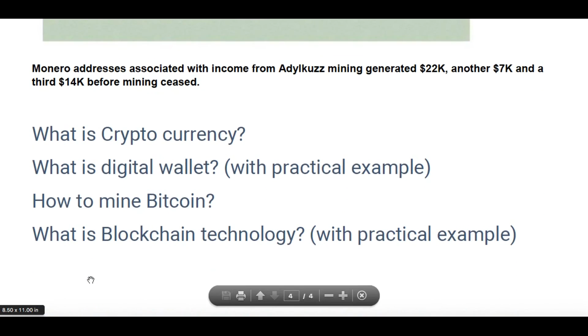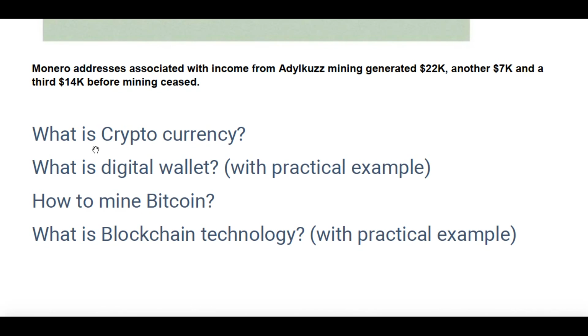So, as I said, in a future lecture I'm going to discuss in detail what cryptocurrency is. With practical examples, I'll also explain what a digital wallet is, how we can generate one, how many different types of digital wallets are present, how we can earn bitcoins, and how we can accommodate those bitcoins in this digital wallet.